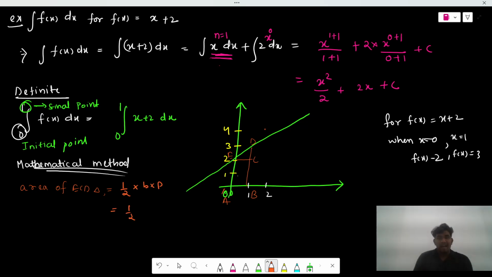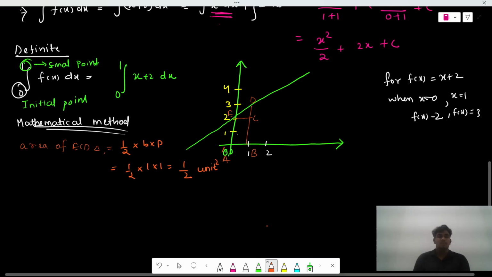The base is 1 and the perpendicular is also 1. So 1 into 1 is equal to 1 by 2 unit square, because no specific unit like centimeter or meter was mentioned. I have used unit square because it represents area.